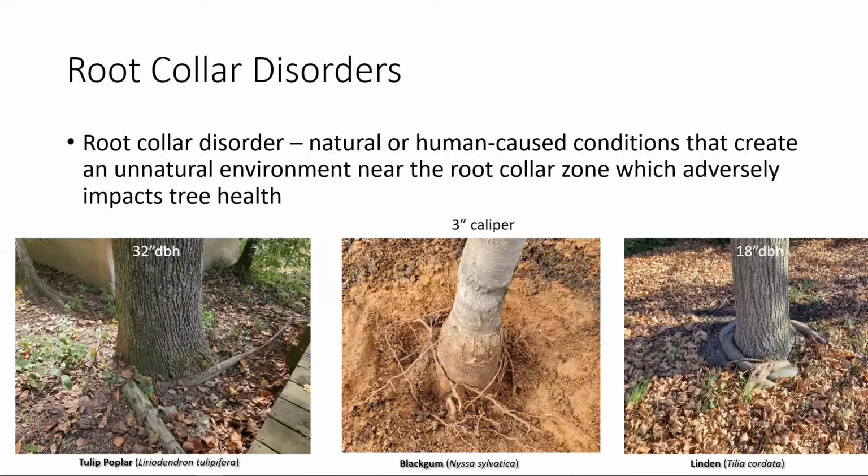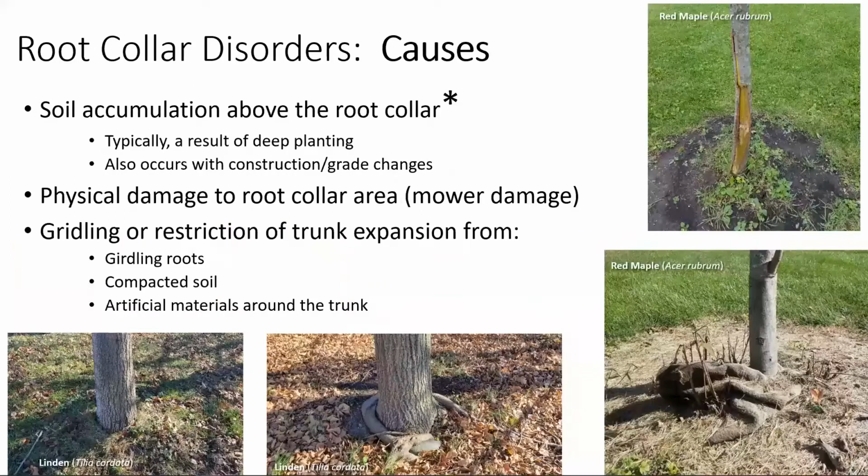And in the middle, this black gum, we'll look at this example in a little more detail later, is just 3-inch caliper. So that's a measure taken in the nursery right at the base of the plant, and it's just 3 inches across right there. So different size plants can definitely have these issues, and all can suffer from girdling roots.